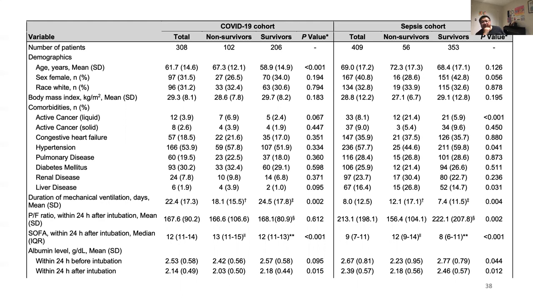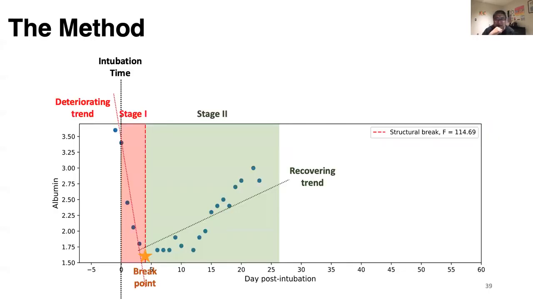SARS-CoV-2 diagnosis was made through the RT-PCR test performed on nasal swabs, and adult patients with sepsis, defined according to the Sepsis-3 criteria, were admitted from December 12, 2006 to February 26, 2019.